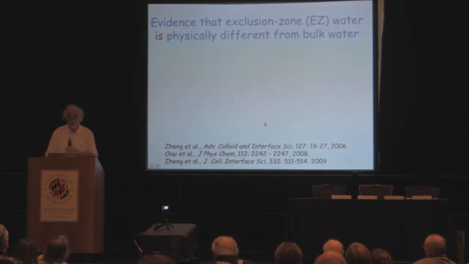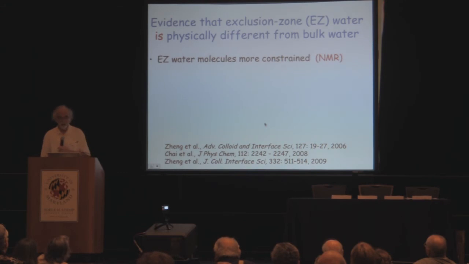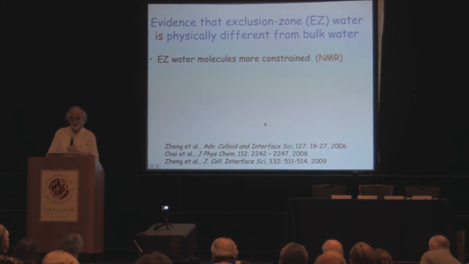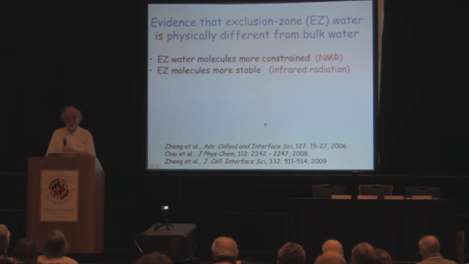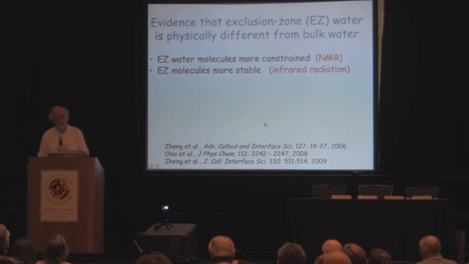So the list of evidence, as I said, much of it is published. The first one is that we used NMR and looked, for those of you who know it, at the T2 relaxation time. We found that the exclusion zone water molecules are more constrained than bulk water molecules. We used infrared radiation coming from the sample itself, and we found that the exclusion zone molecules radiate less.